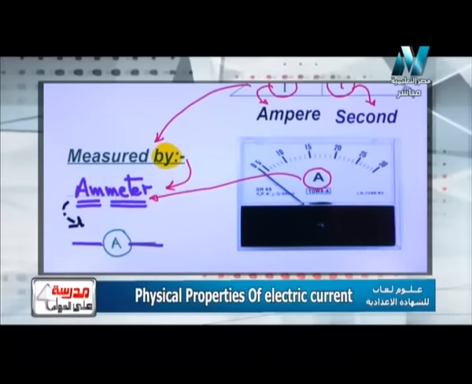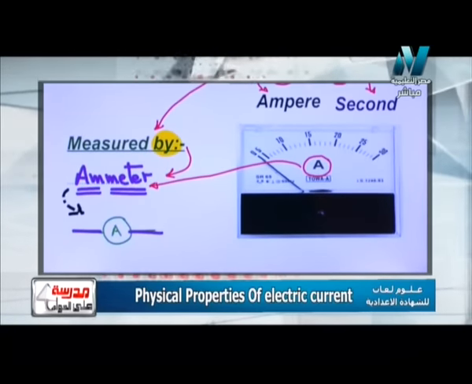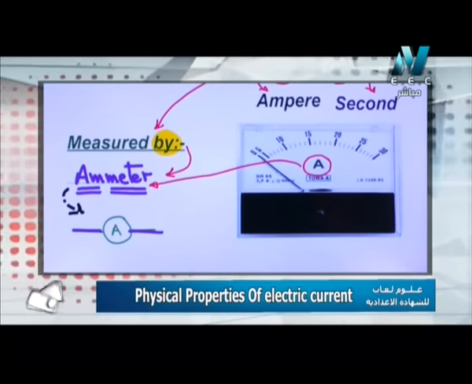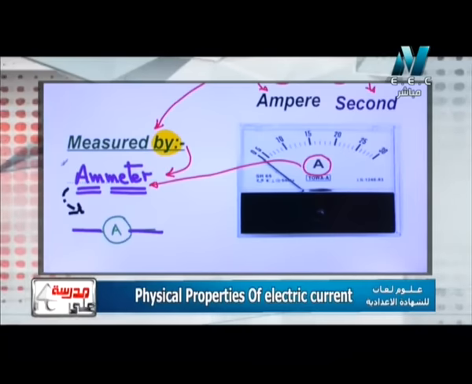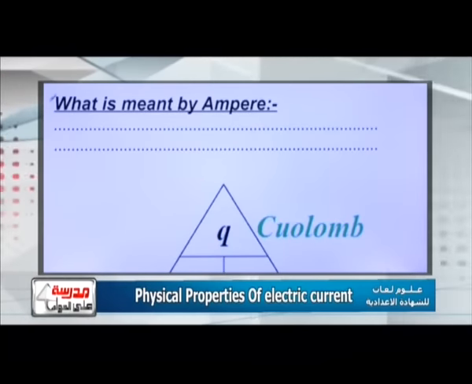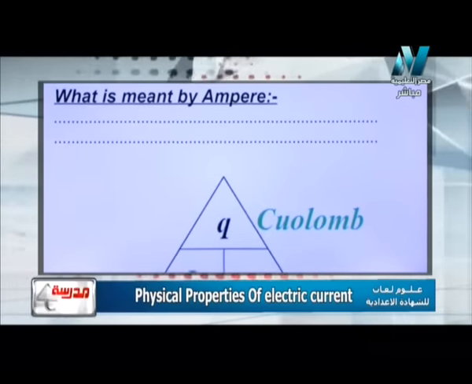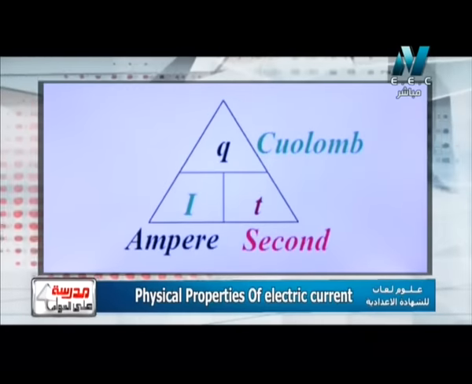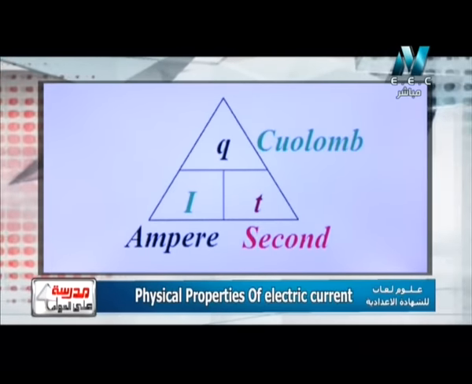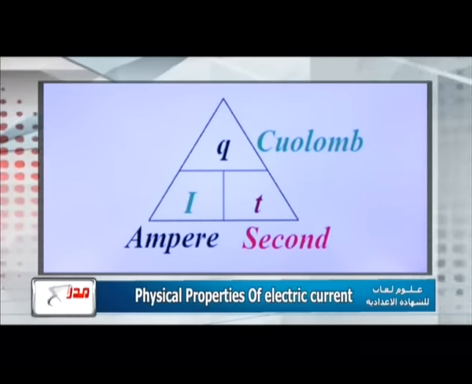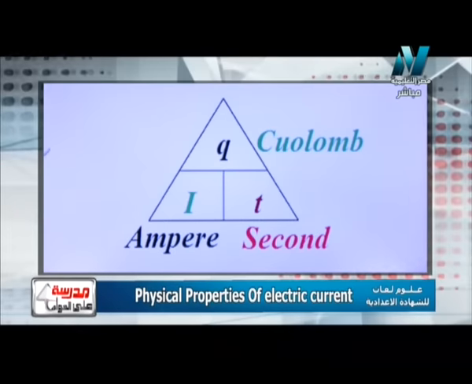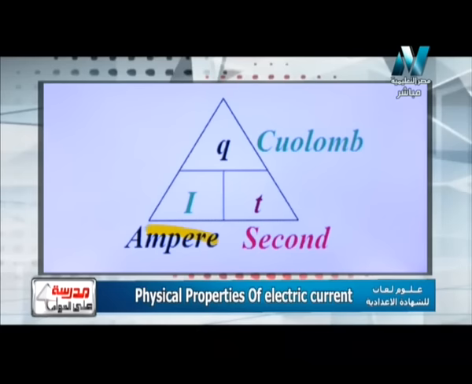How can we connect the ammeter in the electric circuit to measure the electric current intensity? Before that, we should know what is meant by ampere. We go to the magic triangle to ask about ampere.